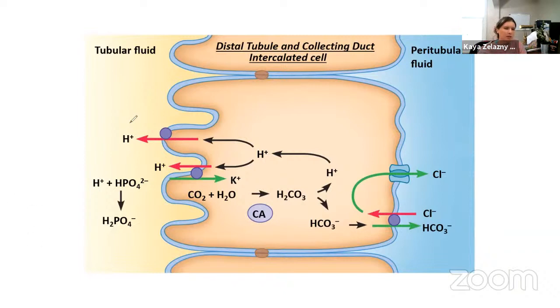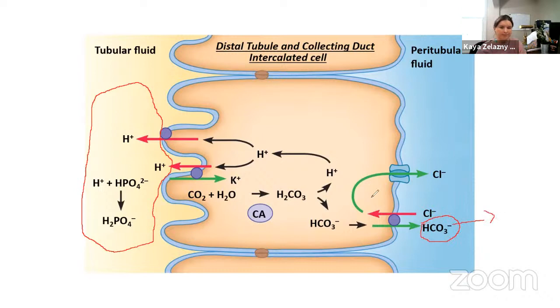So what you'll notice is that we don't have bicarbonate ions here in the tubular fluid, right? None of these molecules that we have in the tubular fluid are bicarbonate ions. Right? We might have some, but they're not involved in this process. So we are making new bicarbonate to move into the peritubular fluid and then into the plasma, right, into the blood.